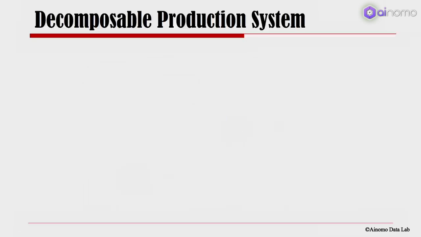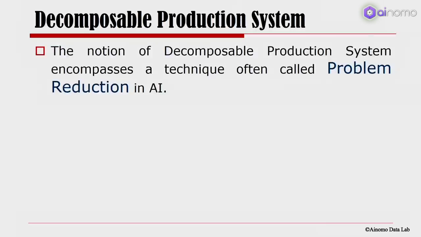So finally we can say that the notion of decomposable production systems encompasses a technique which is often called problem reduction in AI. We have reduced the problem of taking CBZ to termination to the problem of taking C, B and Z individually to termination.